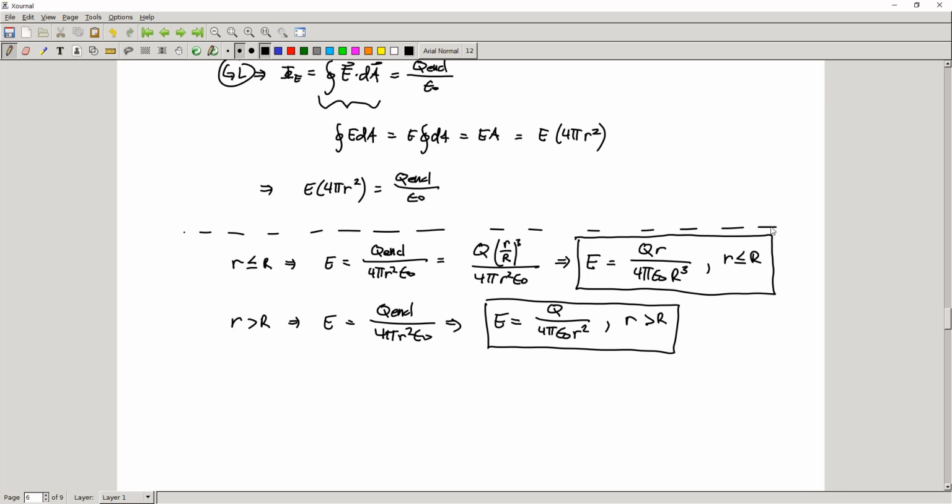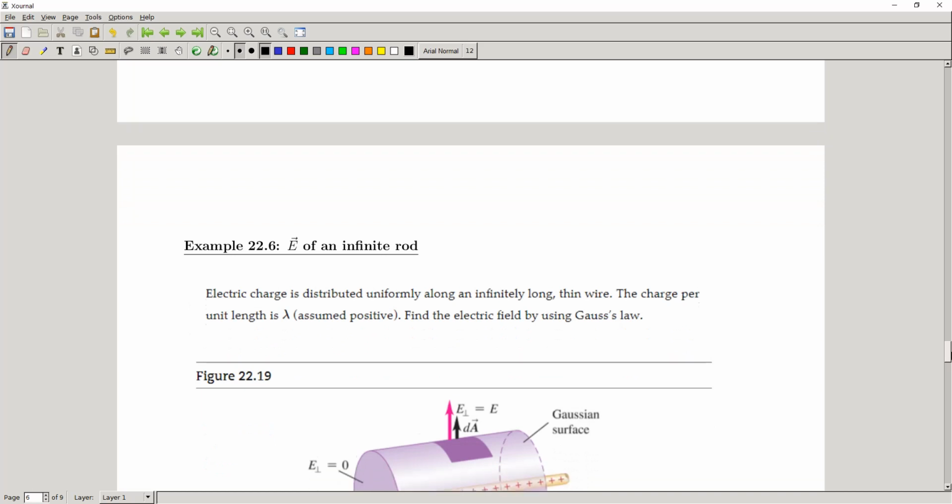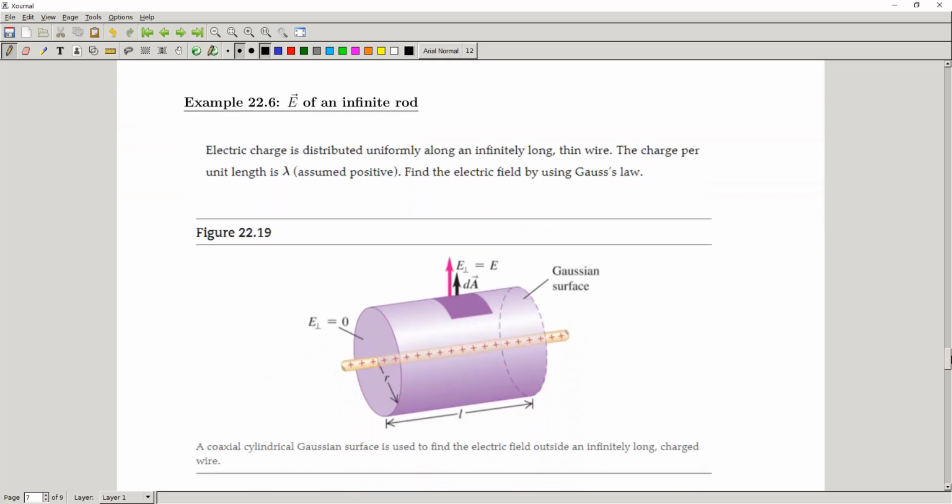Okay. In the next example, we are going to look at our infinitely charged rod again. We already did this using Coulomb's law, and maybe this is an interesting point. Gauss's law and Coulomb's law both relate charge and electric field to each other. They're really equivalent ways of thinking about the same problem, coming at it somewhat differently, and depending on the symmetries of the problem, one can be easier than the other.